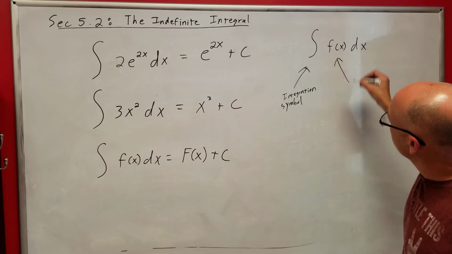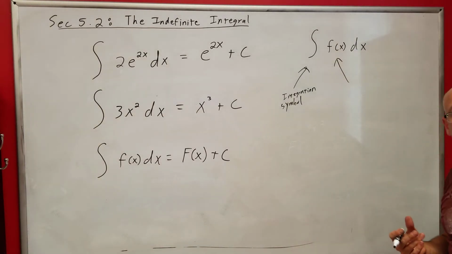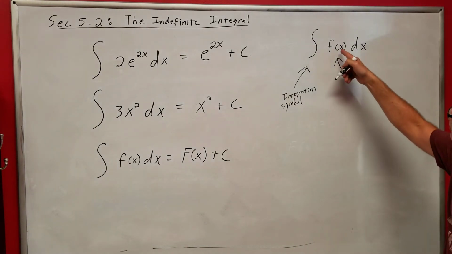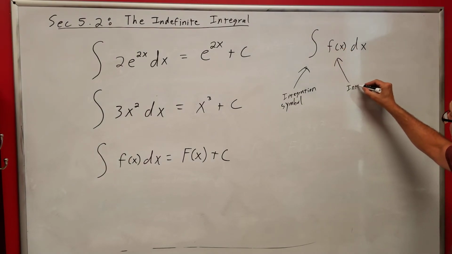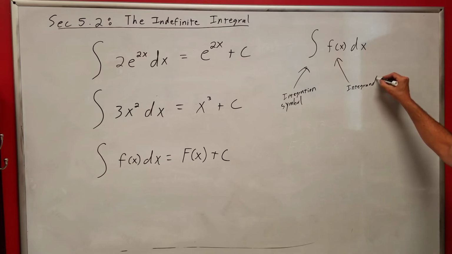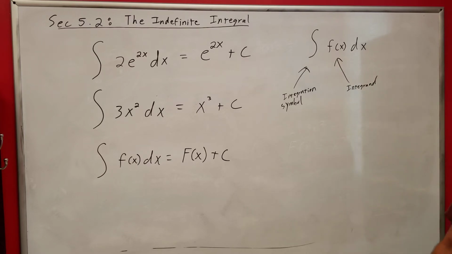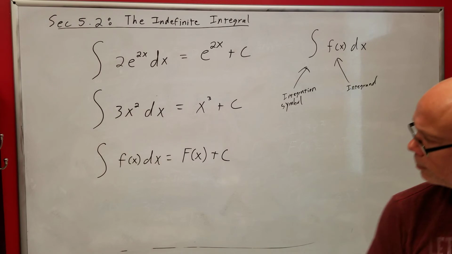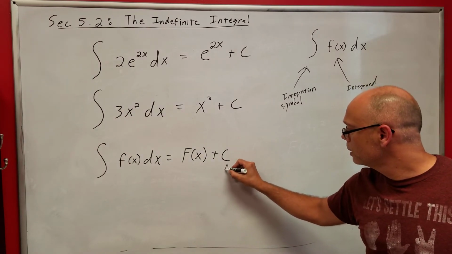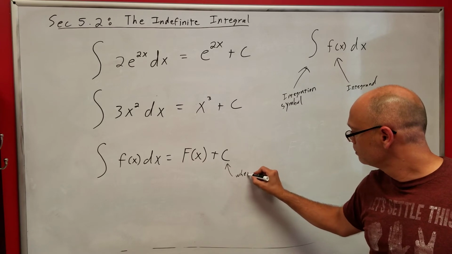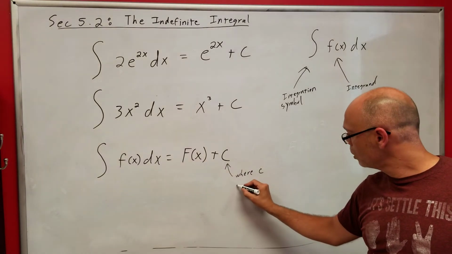This f of x, whatever it ends up being, like x cubed or 5x minus 7 or whatever that we're taking the integral of, we call the integrand. All right. Then we have this part, and let's add one thing to this part. Let's put where C is an arbitrary constant.